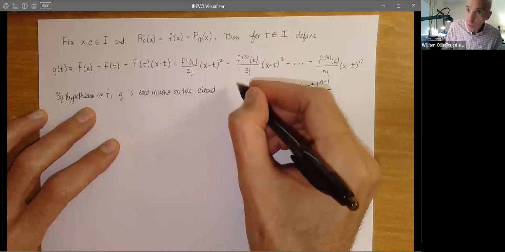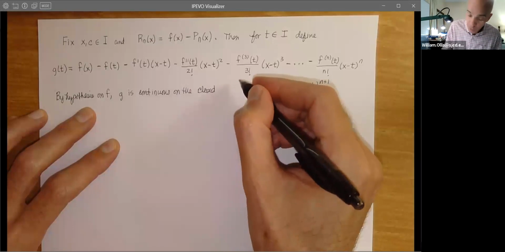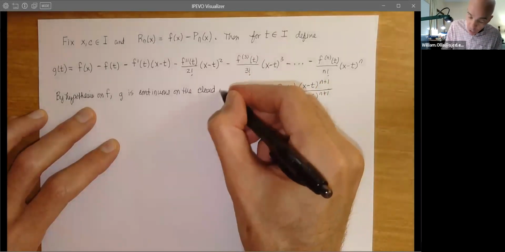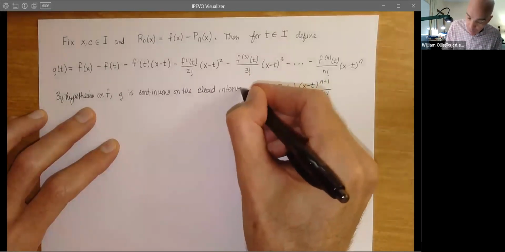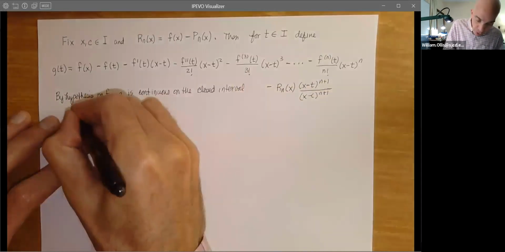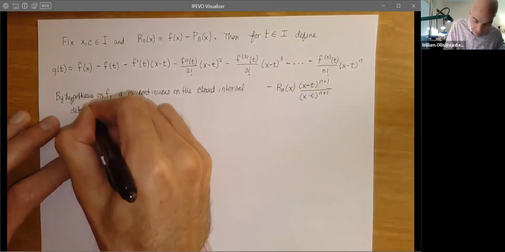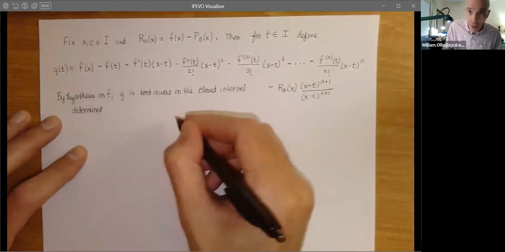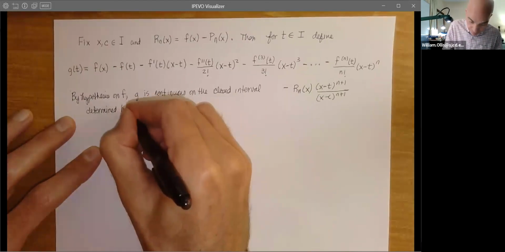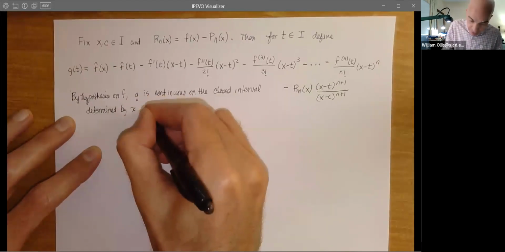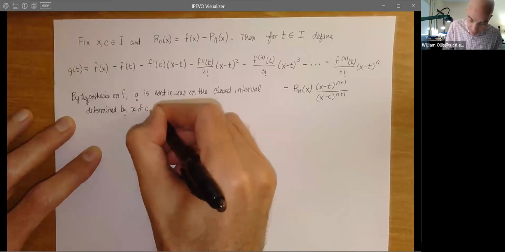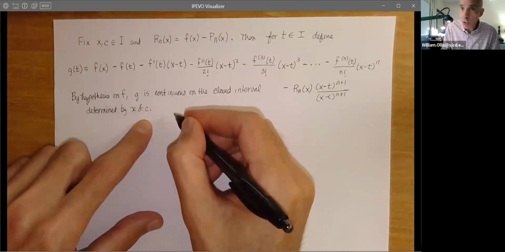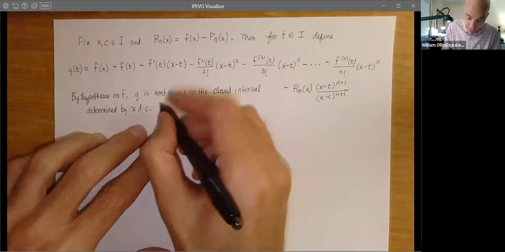Remember, we need closed for the continuity and open for the differentiability. On the closed interval determined by x and c. Remember, we don't know the order of it, so we just say x and c.